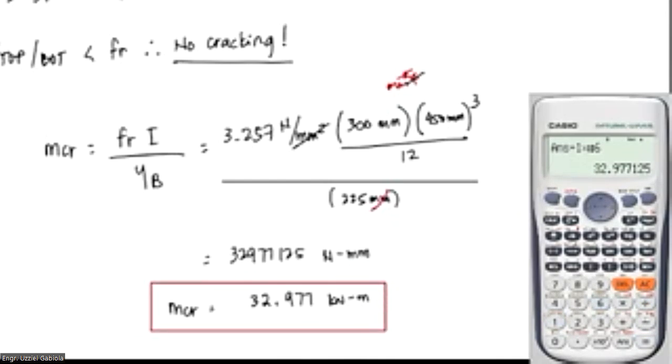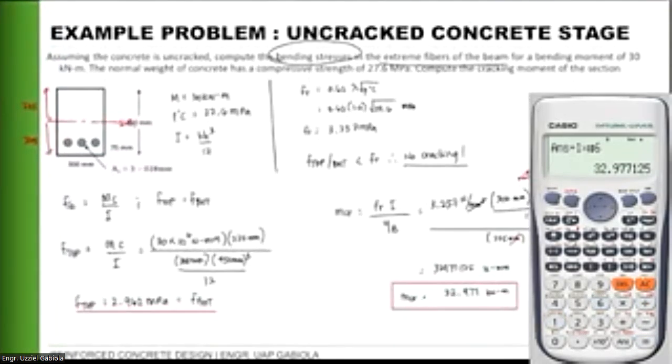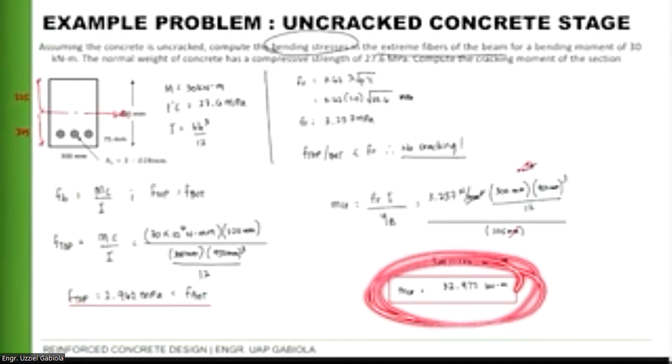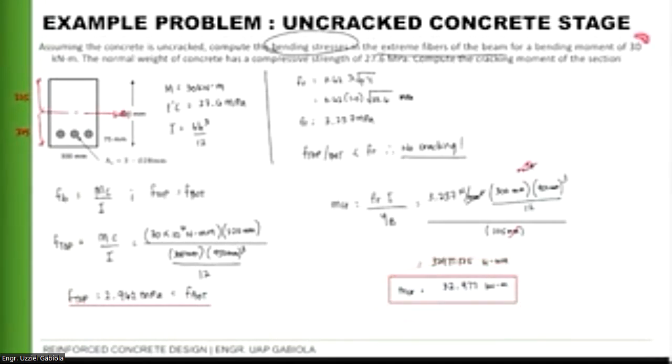Okay. So this is our answer for this problem. Looking at our answer, we can see that the value of the cracking moment, 32.977, is greater than our applied moment, which is 30.